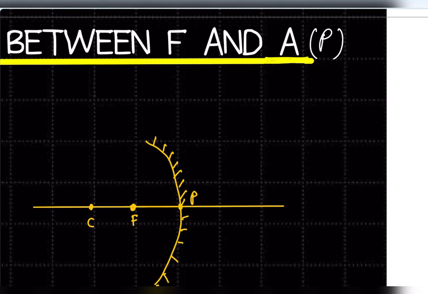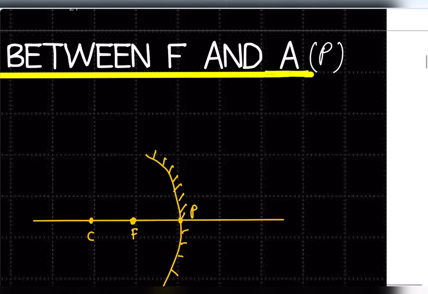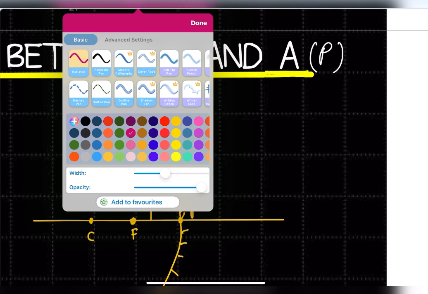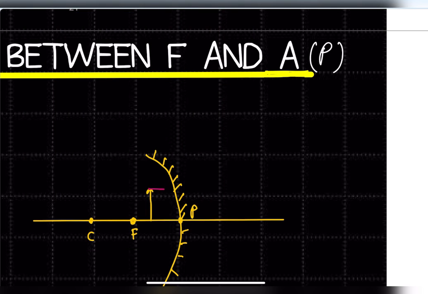Okay, you can take any. So the object is somewhere here. Now what will happen? Take a line parallel like this. We know it will pass through focus. We know the rule, right?